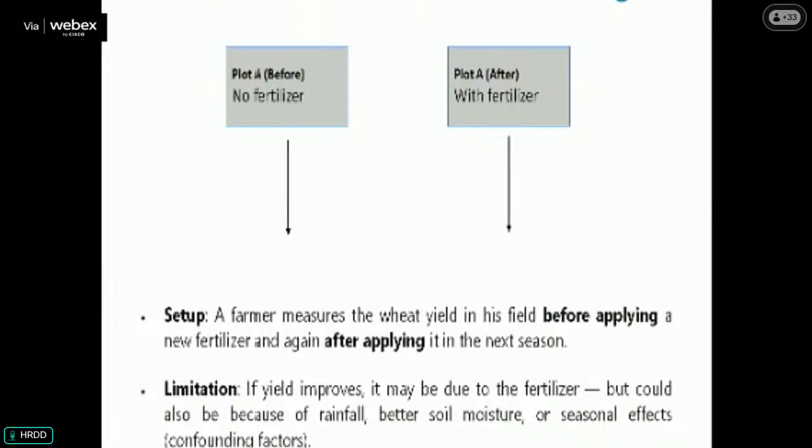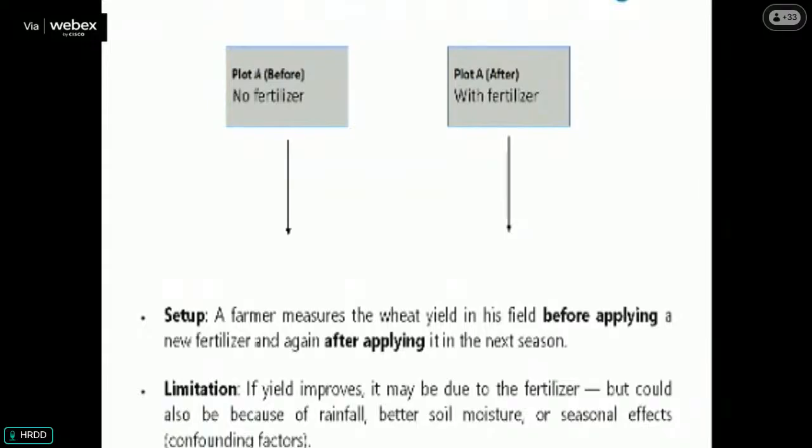Say with the fertilizer he has got 25 tons, and without the fertilizer he got only 15 tons. So he says, with the introduction of this fertilizer X, I have got an increase of 10 tons, which is a huge percentage of my product.